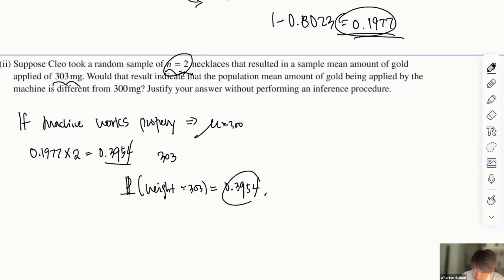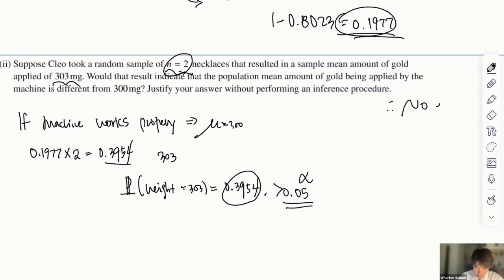Since this is greater than 0.05, we do not have convincing evidence that the mean amount of gold is different from 300 milligrams. This 0.05 is just the significance level alpha that we normally use. So I would say no here because this probability is significantly higher than 0.05. So this is just random chance.